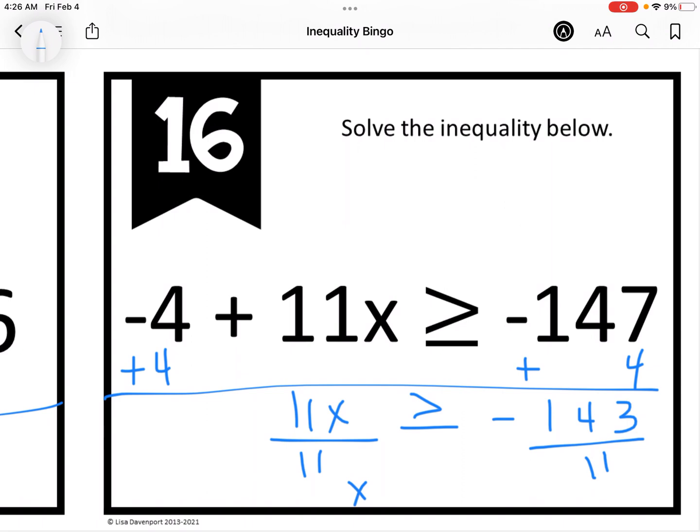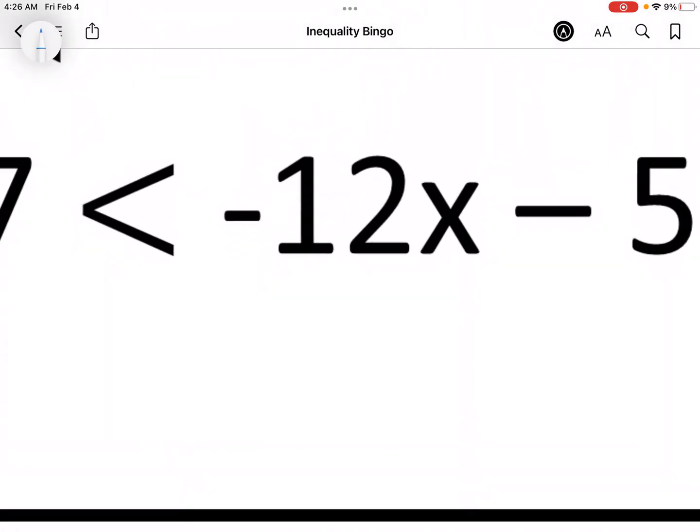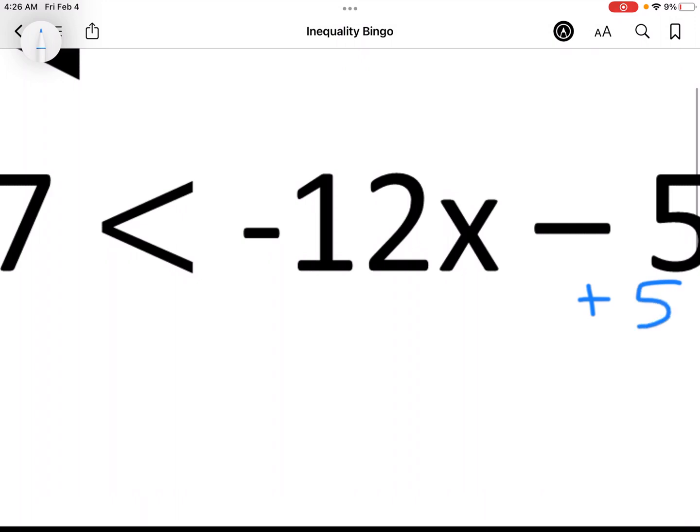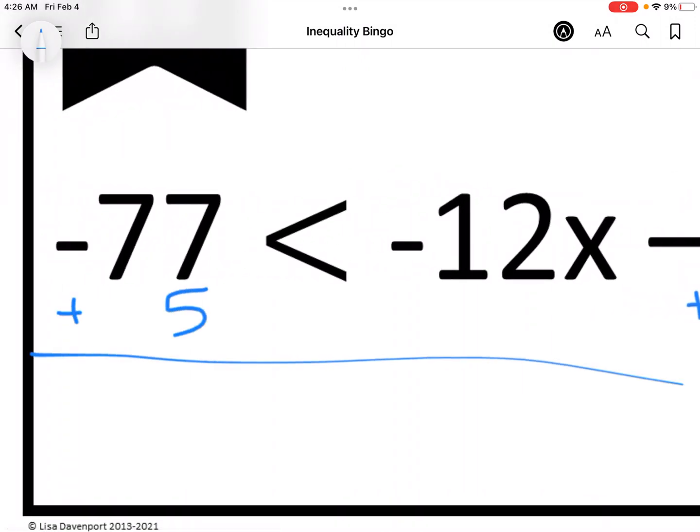Who knew? Oop, I just added a line where a line didn't go.